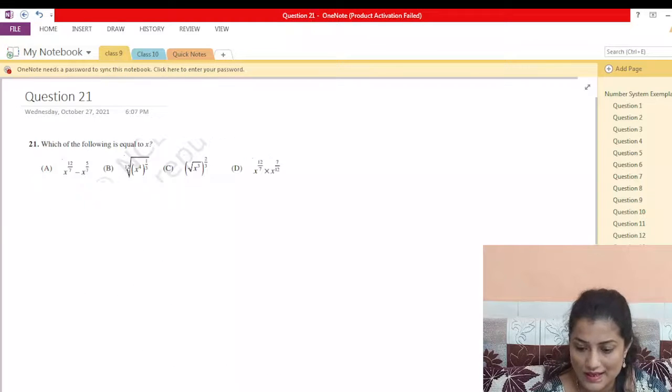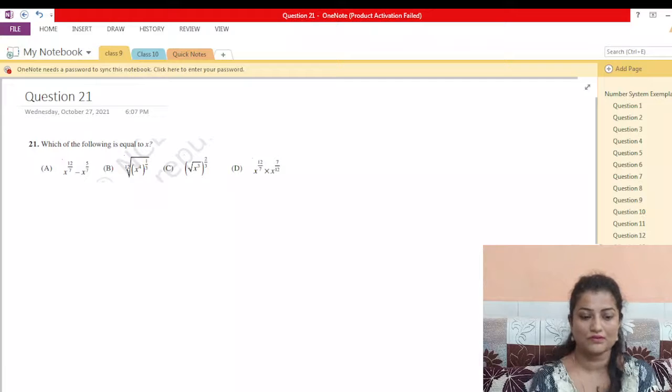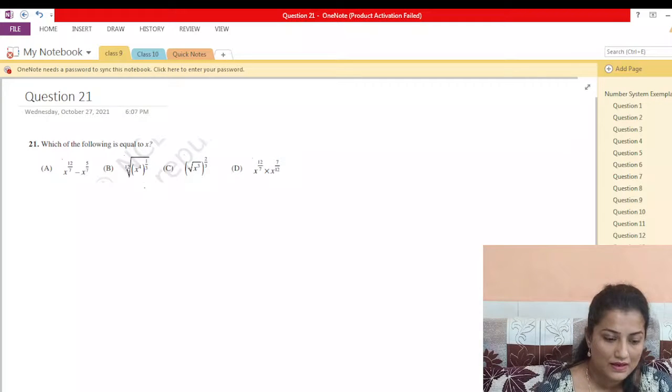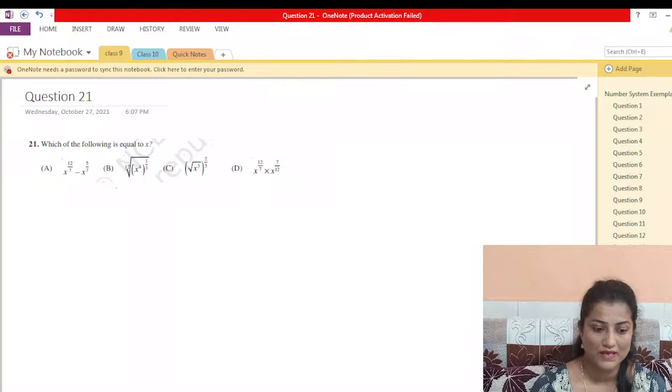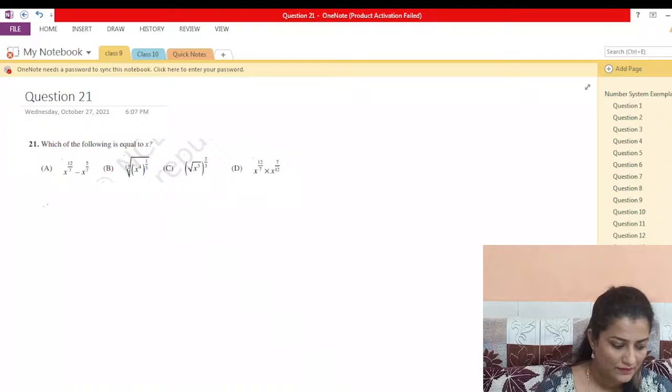Okay. The last and final question of this is, which of the following is equal to x? Now we have to solve all the options and find out which of the 4 options has the value x. Now option A, if we solve, is x raised to 12 by 7 minus x raised to 5 by 7.